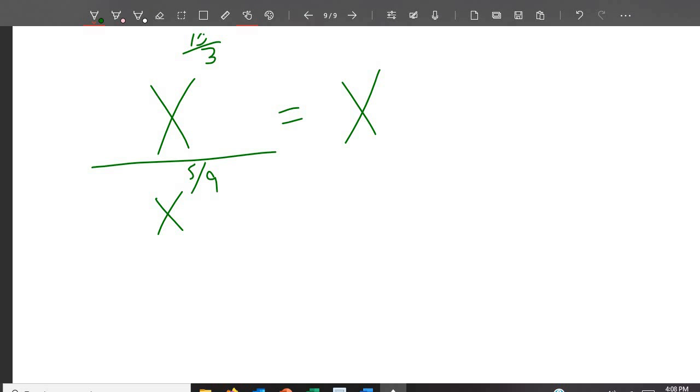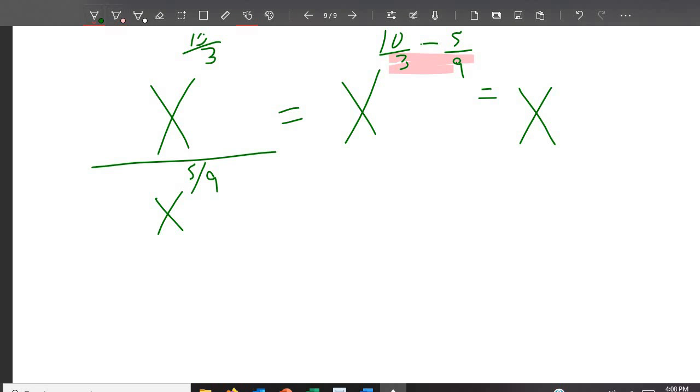If you're subtracting, then you still got to get a common denominator. Let's say I had x to the 10/3 over x to the 5/9. Well, you know the rule says to subtract. So I'm going to do this. We're going to multiply the bottoms together.